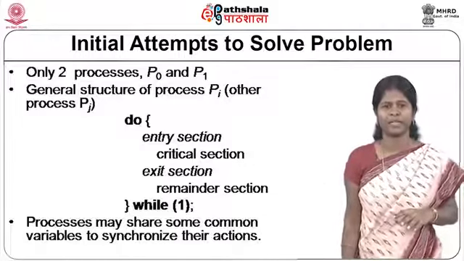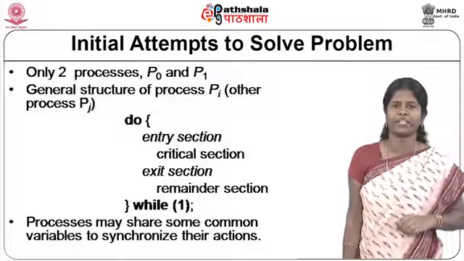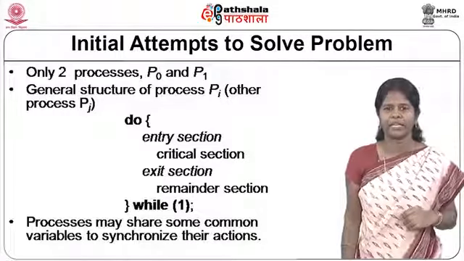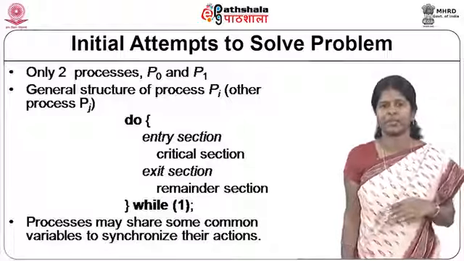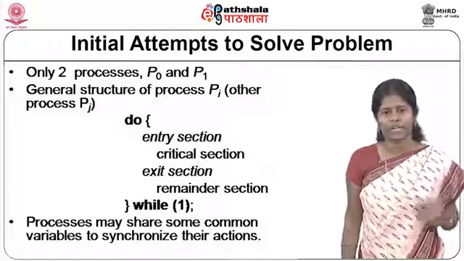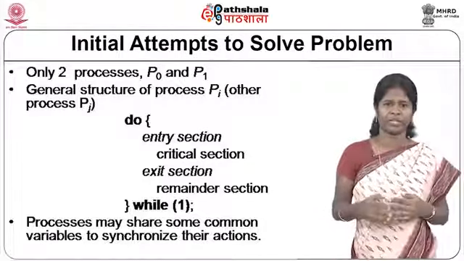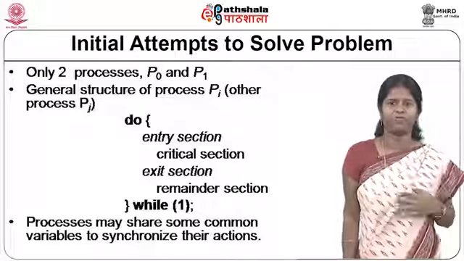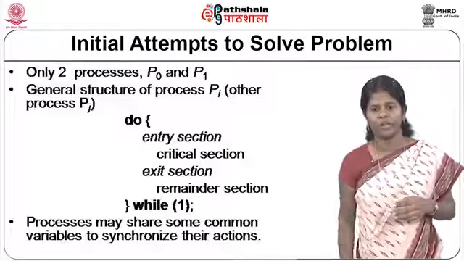There will be a critical section of code, and an entry section, which is where a process will request to enter the critical section. Then after the critical section of code gets over, there is an exit section which the process executes after coming out of the critical section, and then you have the remainder section of code.